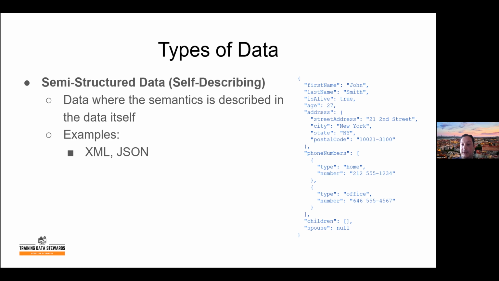Okay, so address, for example, has nested attributes inside it. So you can have hierarchy of things, and you can have lists of things, and the core is that your entities are described as key value pairs. So this is semi-structured in the sense that the description of the content is provided together with the content.